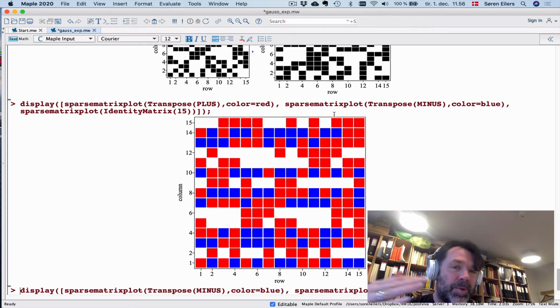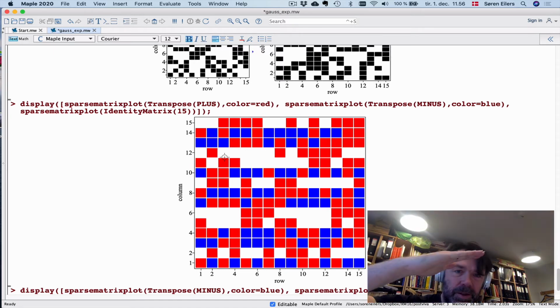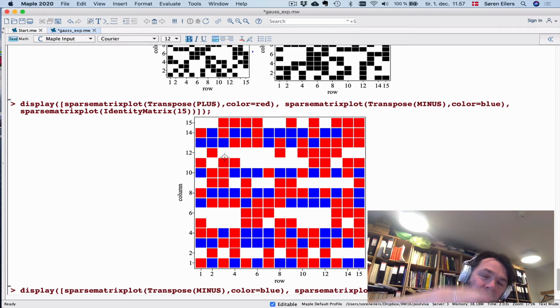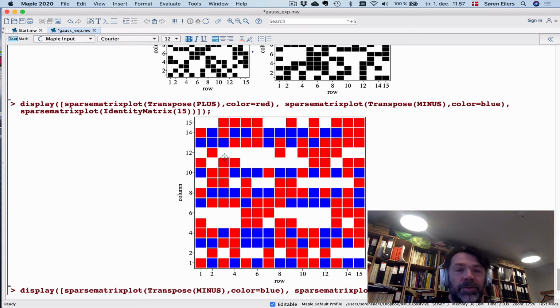Maybe that's because the red is shadowing some blue, but there are some white zones as well. And in other rows, I see reds and blues and no whites. So there's a pattern when you look in the various rows: either you see red and white, or you see red and blue.